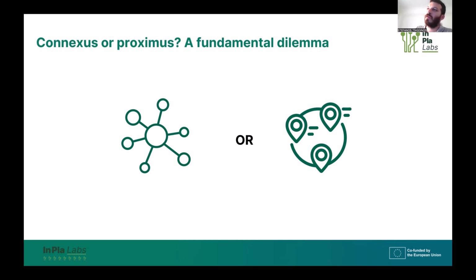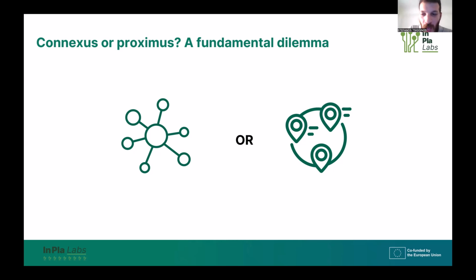It's not the approach that we connect things without thinking of where they are, or we just create new land uses without thinking of their connection. So this dilemma is not an absolute one.